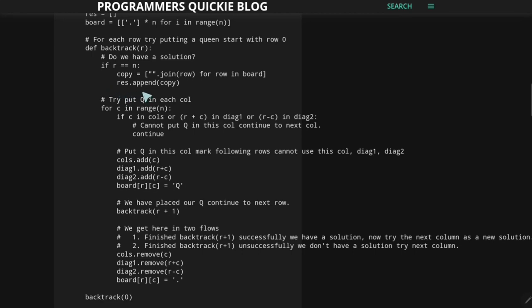Although we didn't specify an explicit exit, it's going to continue here for row number n, which is outside the bound, and then exit, because we cannot add any additional queen. It would just continue, check, see that it cannot add anything here, and exit.